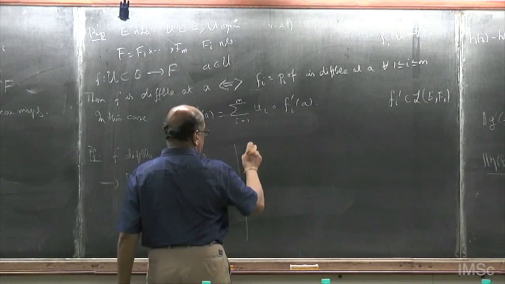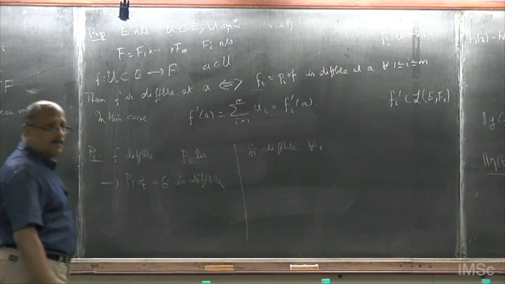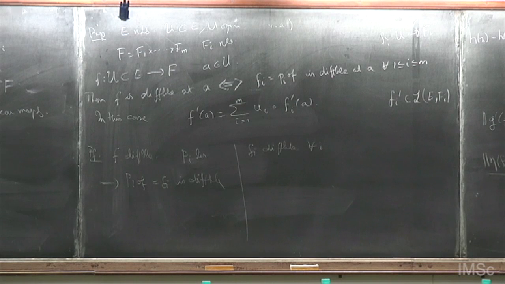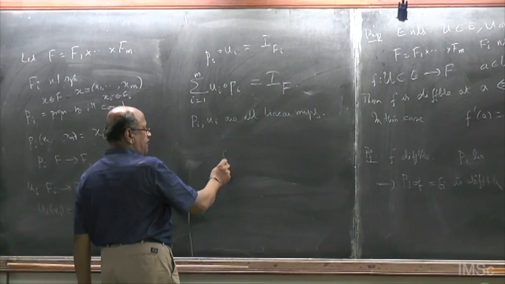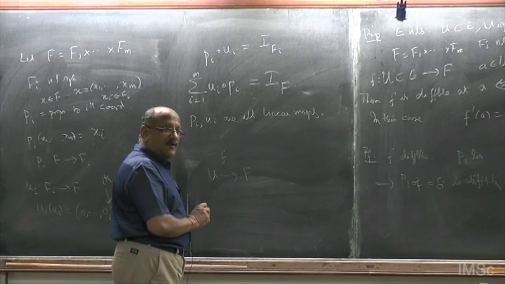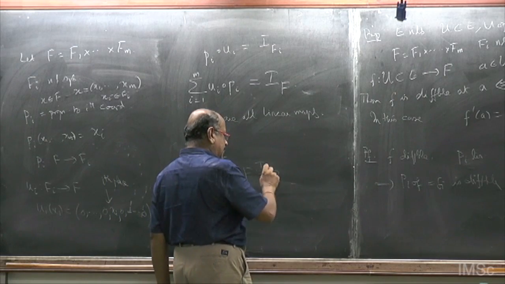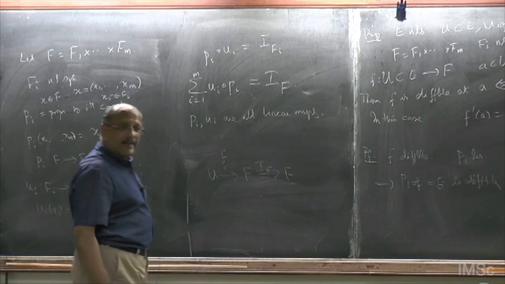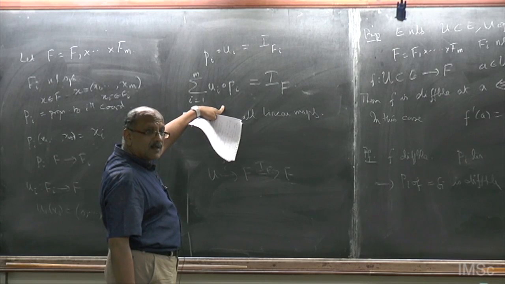Conversely, suppose fi is differentiable for all i. Now, f, where does it go from? It goes from U to capital F. Okay? And if I compose it with the identity here, I will get back f only. But for the identity of F, I have a formula here. Okay?